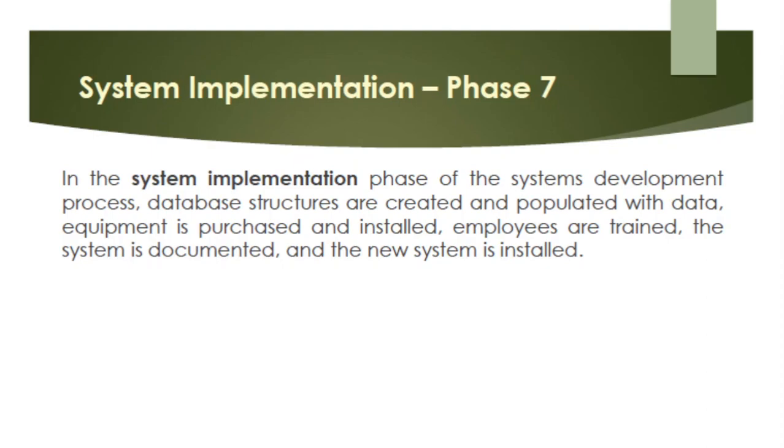So this implementation process engages the efforts of designers, programmers, database administrators, users, and accountants. So the activities in this phase entail extensive costs and will often consume more personnel hours than all other pre-implementation phases of your SDLC.